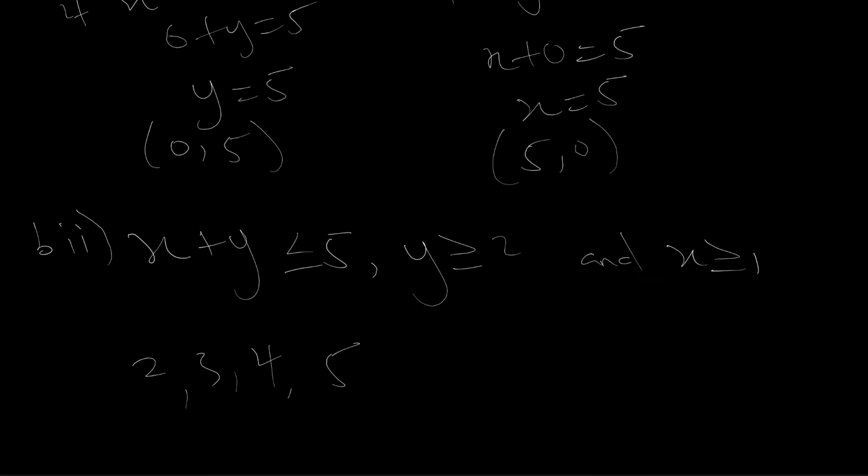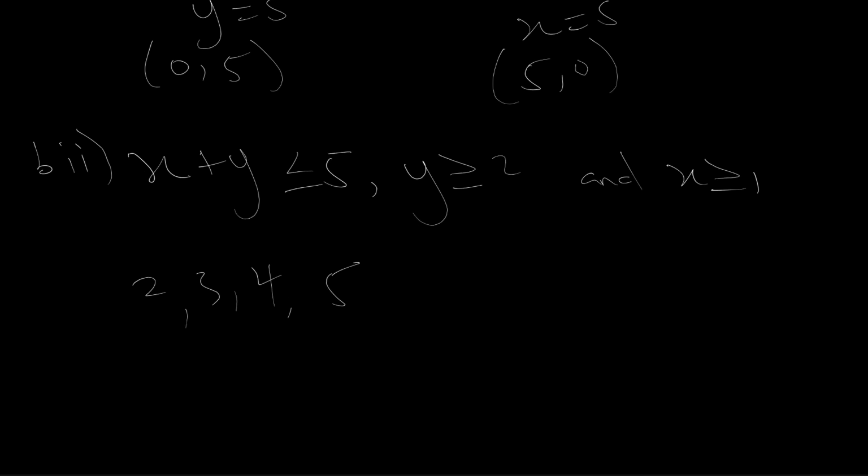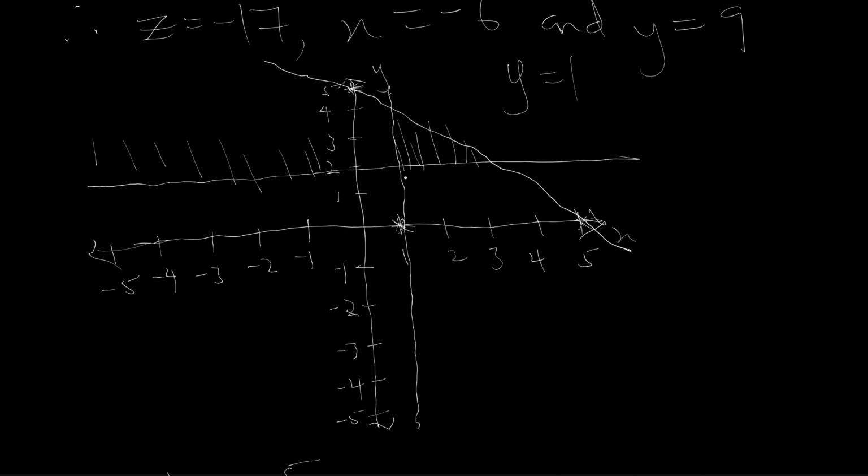And for all values of x greater than or equal to 1, we have this place. So for all values of x that are equal to or greater than 1, so from 1 upwards to 5.